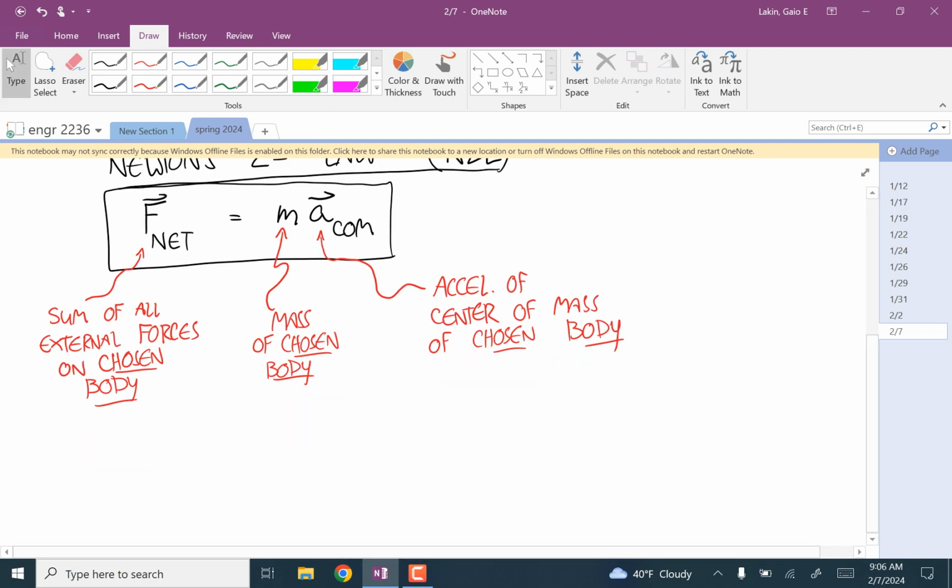One thing to notice about this is this only works if you're measuring your vectors in an inertial coordinate system.